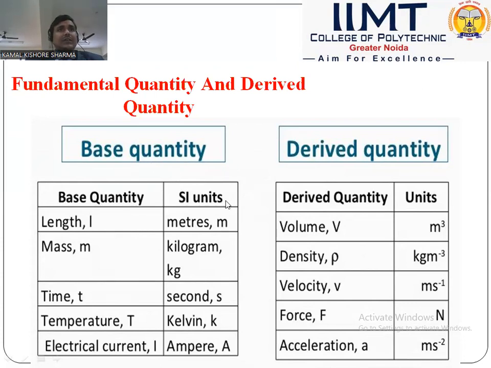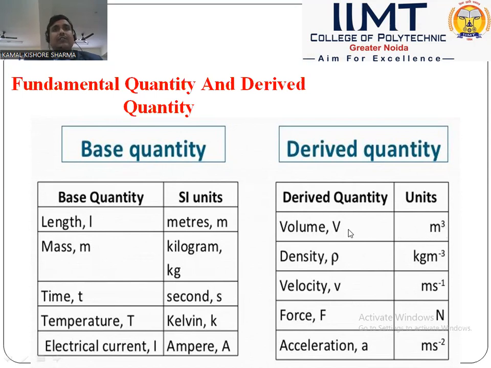So fundamental and derived quantities are written in this table. Base quantity or derived quantity. Base quantities, or fundamental quantities, are length, mass, time, temperature, and electric current. And these are the SI units. Length is measured in meter, mass in kilogram, time in second, temperature in Kelvin, and electric current in ampere. Here the derived quantity volume is length, width, and height.